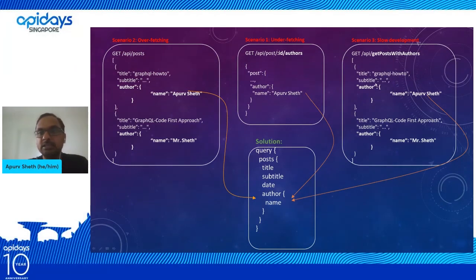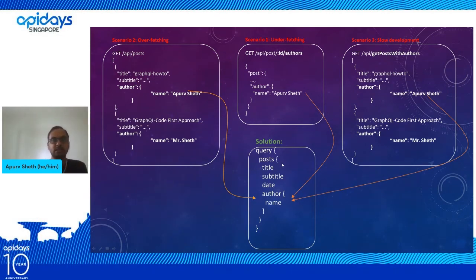Another scenario is where we introduce brand new endpoints, and the front end team will have to wait until then. And another scenario results in overfetching, where even though I don't need those attributes, I still keep on getting them.